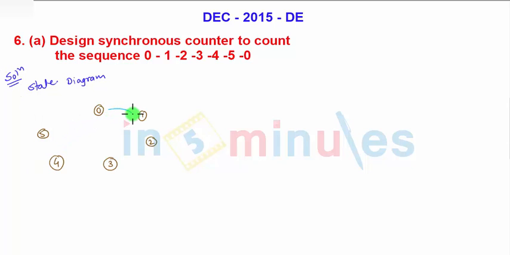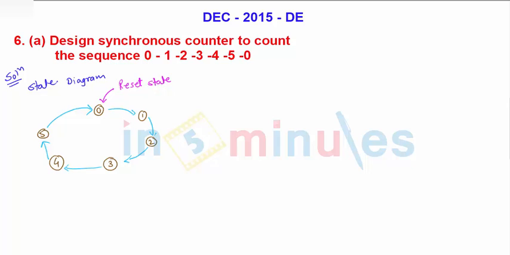State 0 goes to 1, 1 goes to 2, 2 goes to 3, 3 goes to 4, 4 goes to 5 and 5 goes to 0. Since it is a closed path, let 0 be the reset state, according to which we will design the circuit, considering 0 as the reset state.